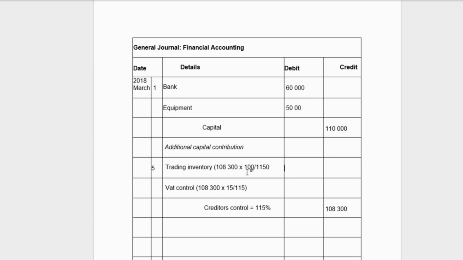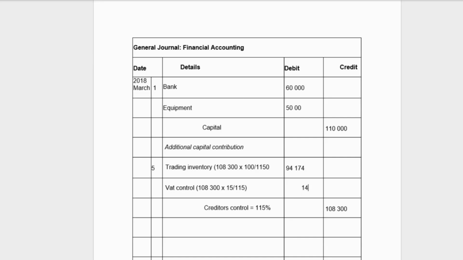And then trading inventory, as I put it on my calculator right there, I am getting 94,174.